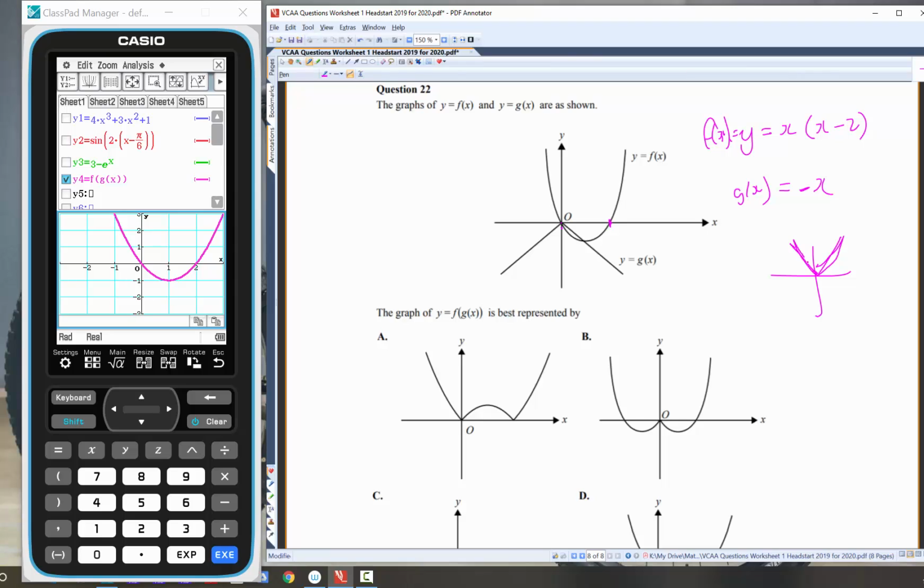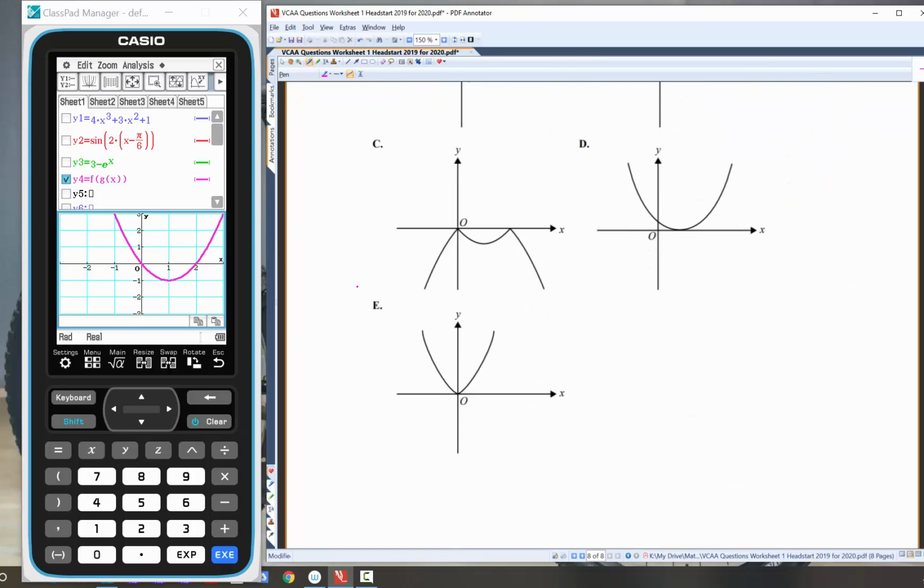So that is my resulting graph. If you know specialist maths, you'll know that that's the modulus function. So I would just do the absolute value and compose the absolute value function with this, and that'll go straight to it without worrying about the left-hand side and the right-hand side. But yeah, the only answer is E. Okay, so I hope that helped.